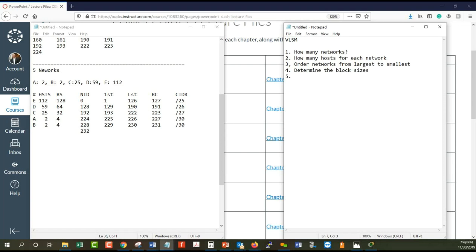Determine the block sizes. Okay. Determine the network IDs. Determine first host address.